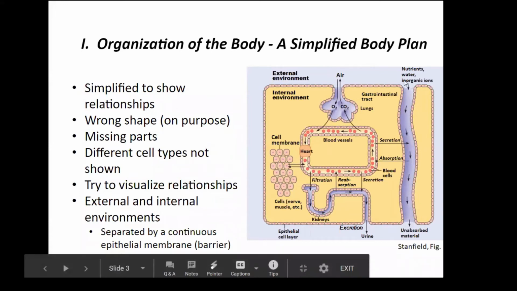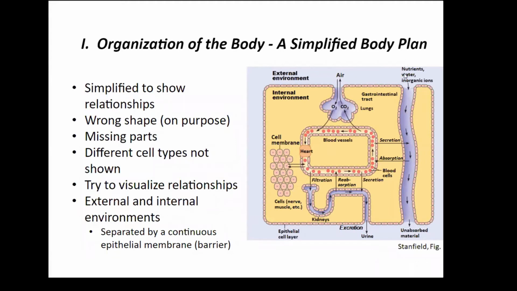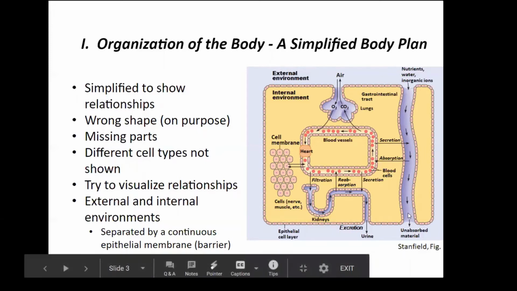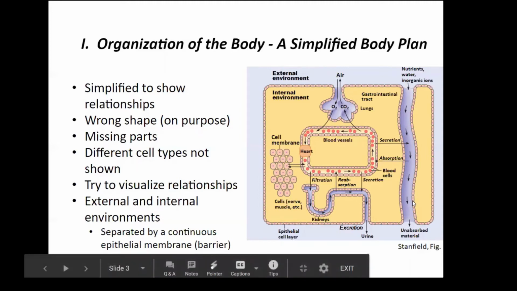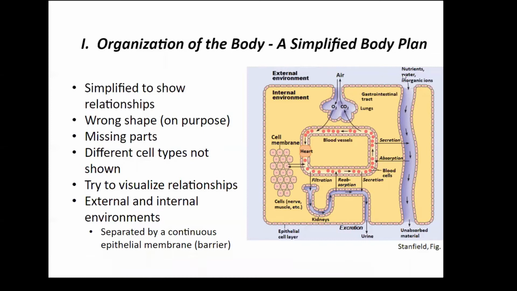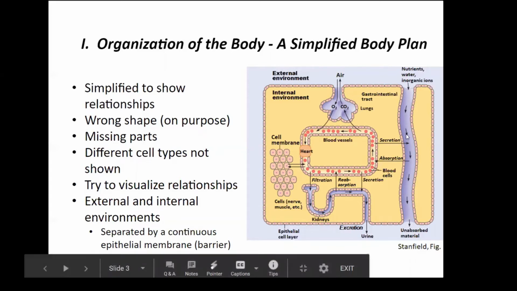So one of the key things we can see here, as Kat shared with us, is that we have our nutrients and water going through the body. That is one of the really important components of our simplified body plan. And so we can see that there's basically a tube through this whole system. So this is things coming through your mouth and then getting excreted, right? What we can see is that there's communication here between the inside of that gut tube, that lumen.